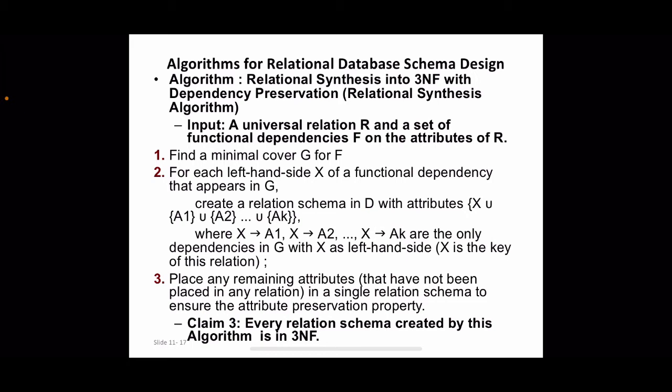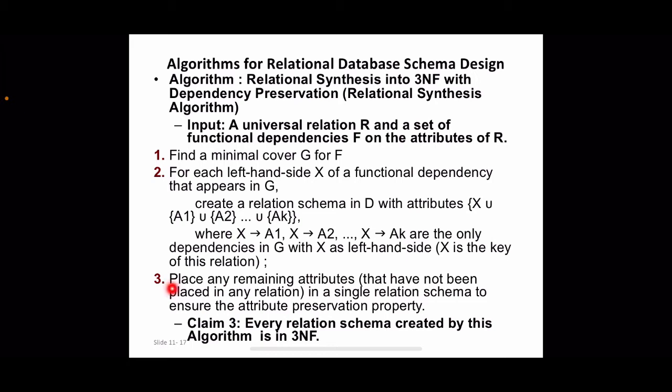We take each functional dependency in the form X determines something, and wherever X appears on the left hand side, take the corresponding right hand side attributes and the union of all those attributes together with X. That will form a relation schema D. After doing this, almost all the attributes will be part of some relation, right?